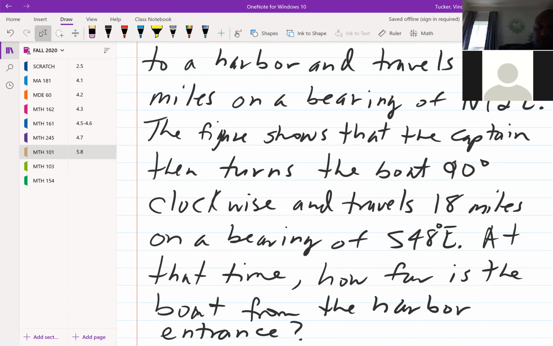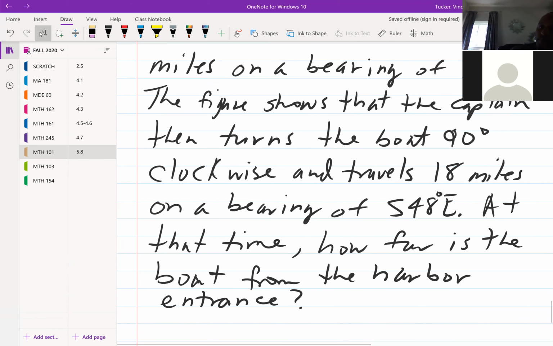The figure shows, which I will draw in a second, that the captain then turns the boat 90 degrees clockwise and travels 18 miles on a bearing of south 48 degrees east. At that time, how far is the boat from the harbor entrance?